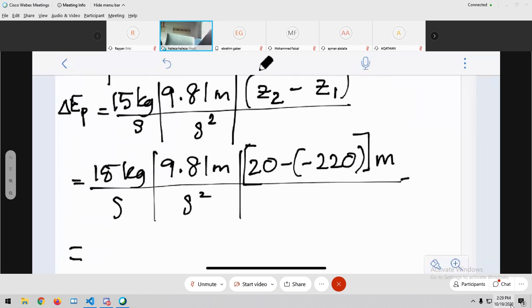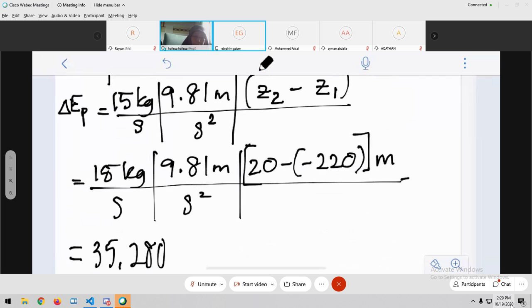If I look at the textbook, the answer is 35.3. Is it 35.3 or is it 35,000? 35,300. Somebody calculate? 35,280? Okay.